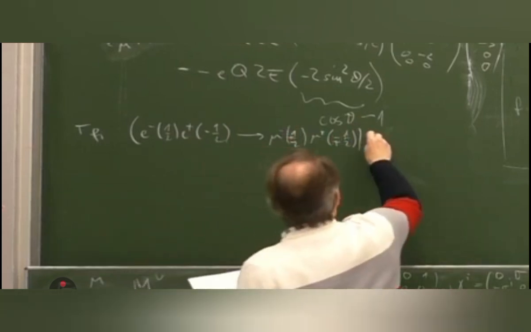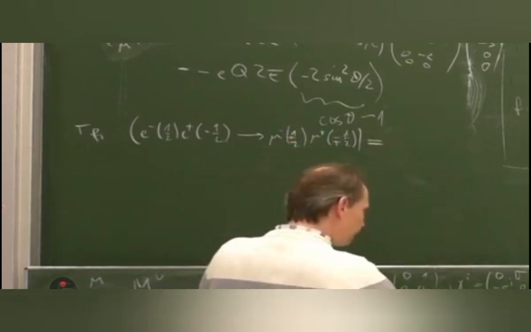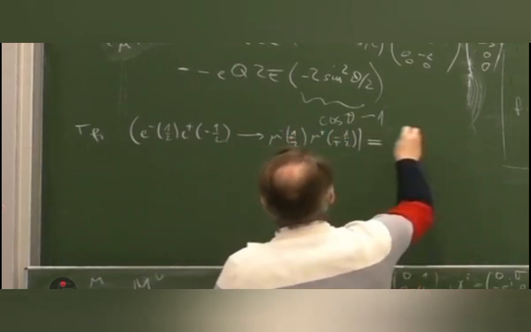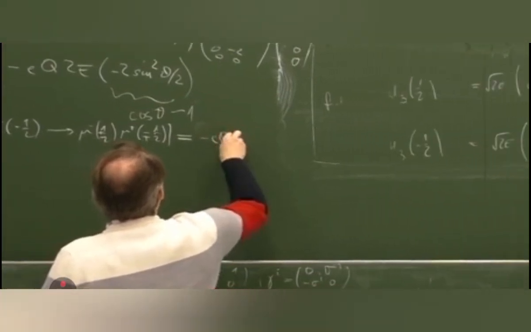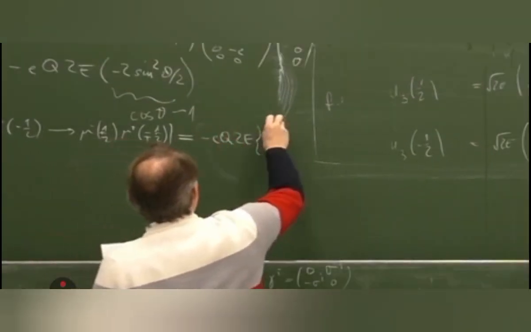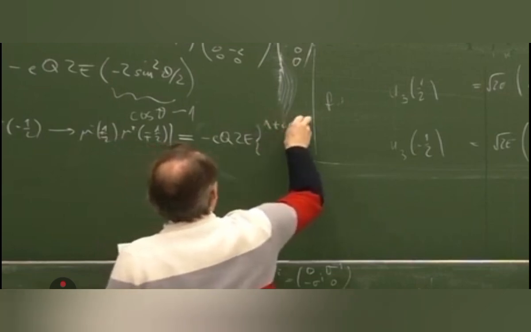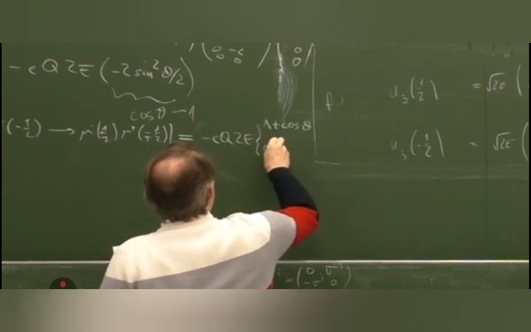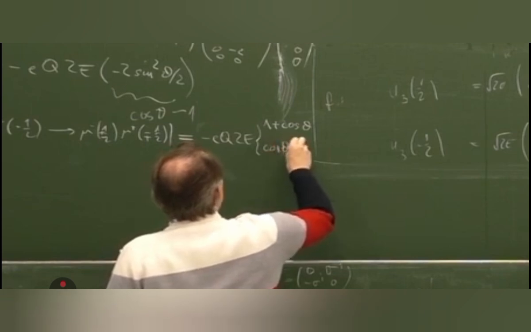This amplitude is now the following: we always have the prefactor minus EQ times 2E, and then we have the two possibilities, either 1 plus cosine theta or cosine theta minus 1.